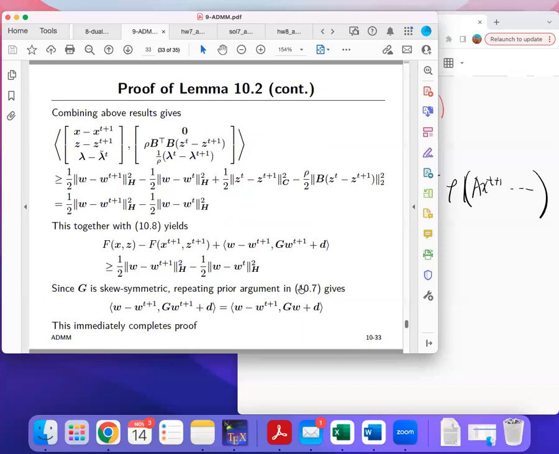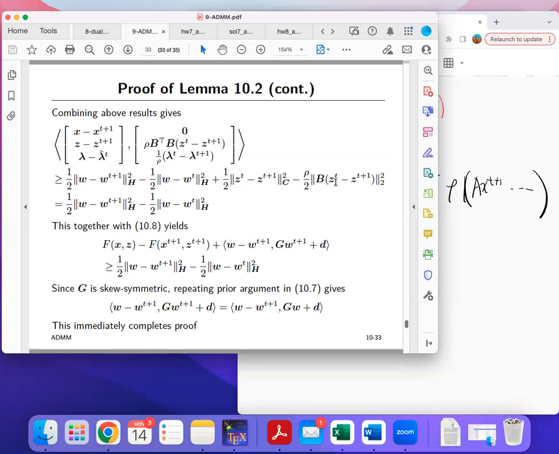With these two intermediate results, we can lower bound this big inner product. We can lower bound it by the difference of these four terms.